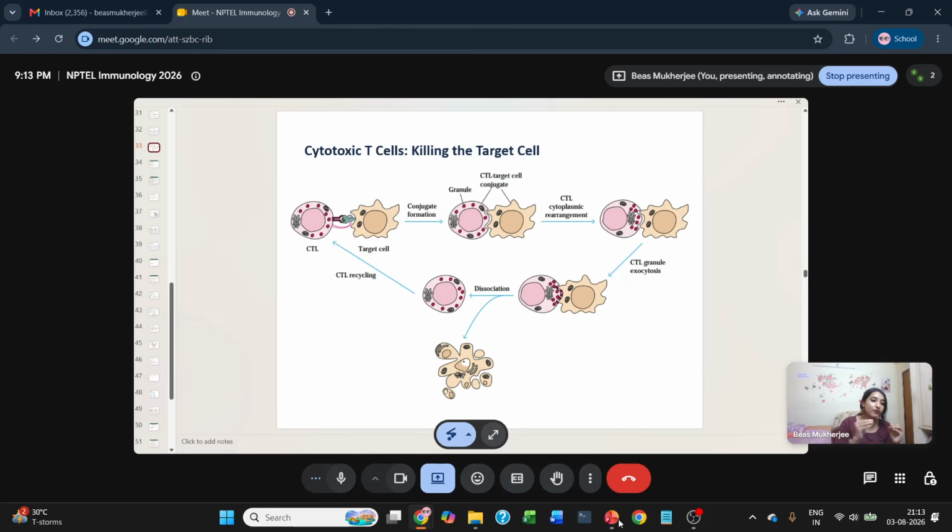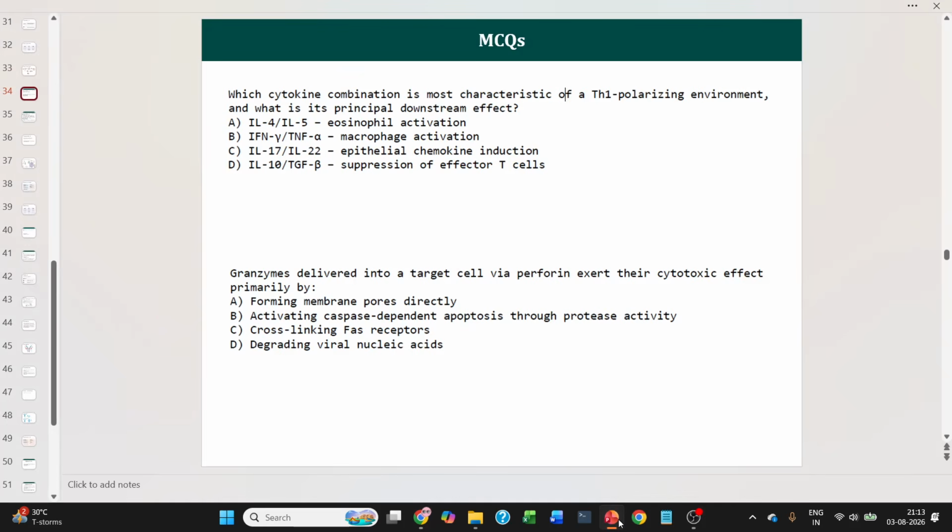Perforins are forming pores through which the granzymes can pass into the target cell, and then the entire cell is degraded through apoptosis. Plus there is also this Fas ligand on the surface of the cytotoxic T lymphocyte that is interacting with the Fas receptor, and it is mediating apoptosis once again. Okay.